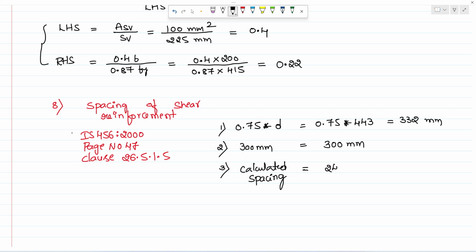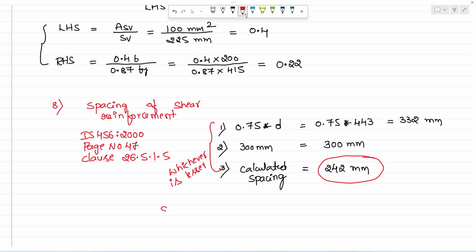Calculated spacing, initially it was 242 mm. So you need to provide whichever is lesser among these three. So lesser will be 242.